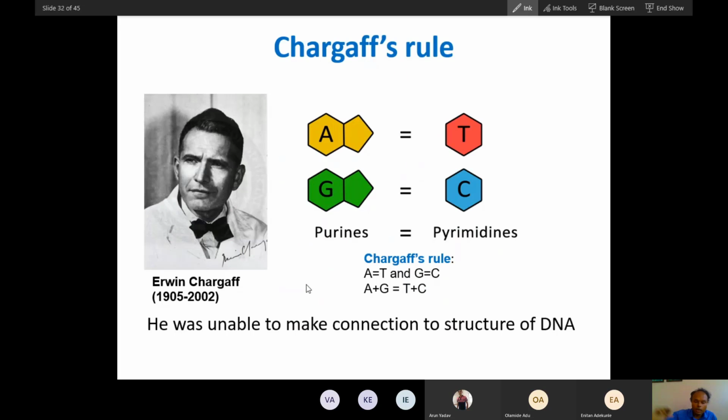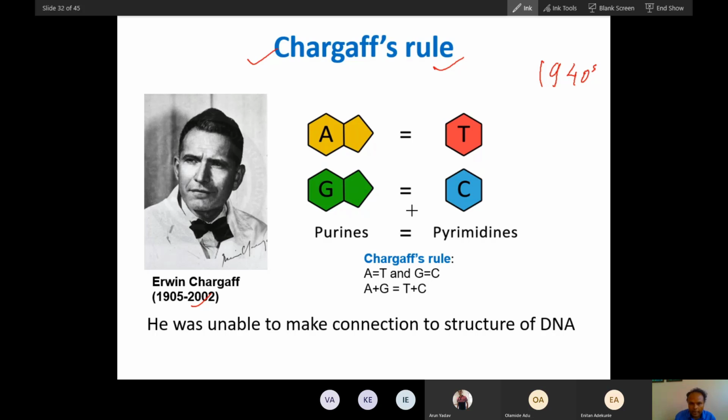Now there is one very important rule. This is called Chargaff's rule. So we will end here. Actually, the double-stranded helix structure is based on this finding. This is a scientist who died in 2002, having lived for 95 years. In the 1940s, he devised a rule about the nucleotide ratio in DNA.